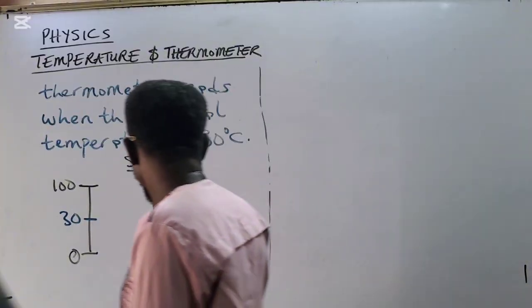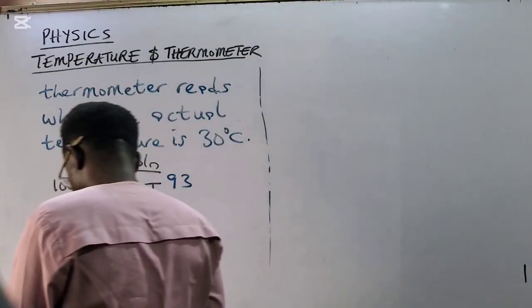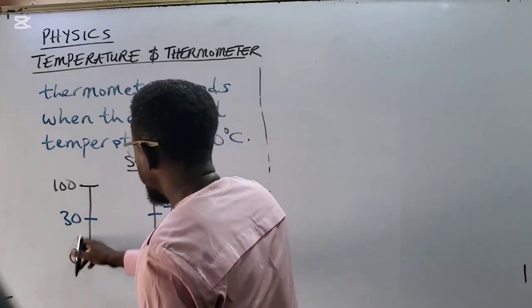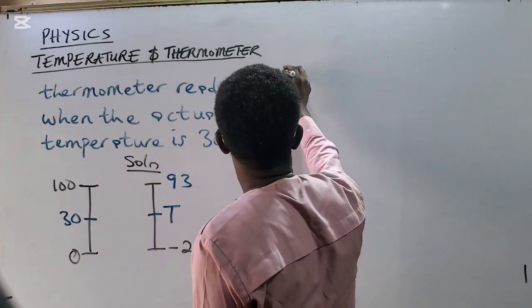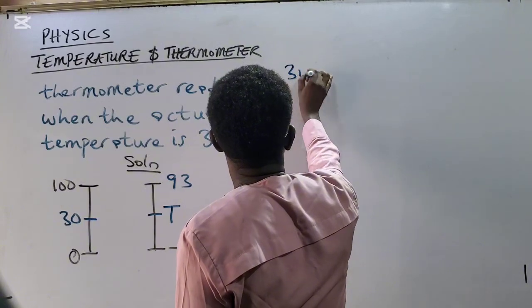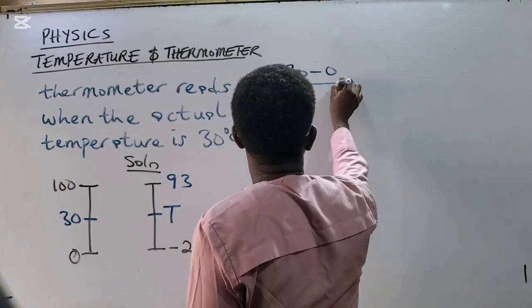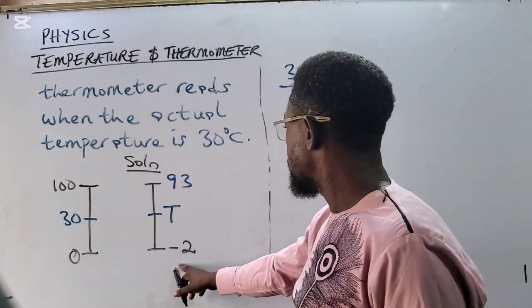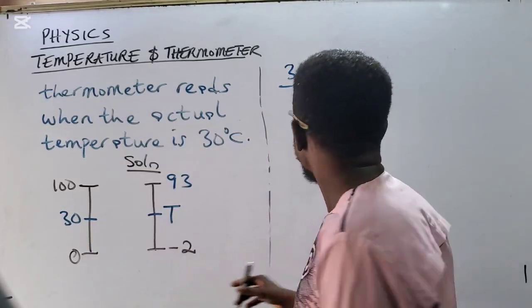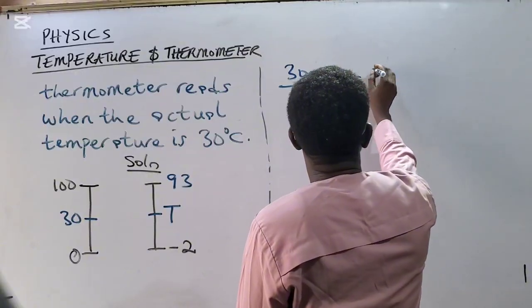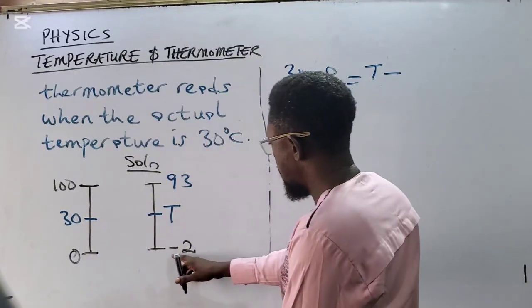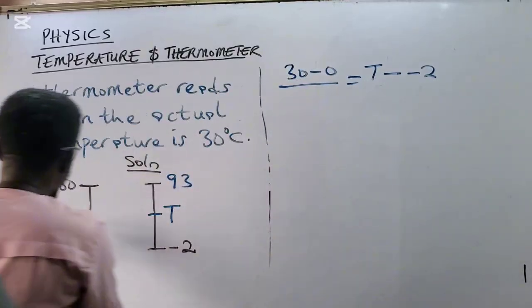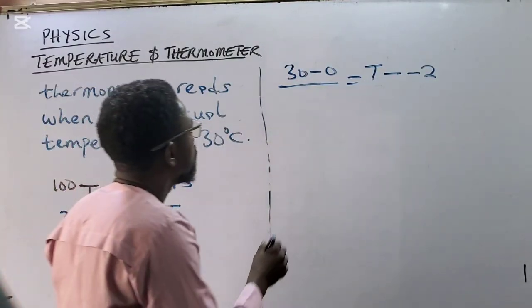I have 30 minus 0 over t minus, yes, minus, so I have minus 2. Then here we get 100 minus 0.